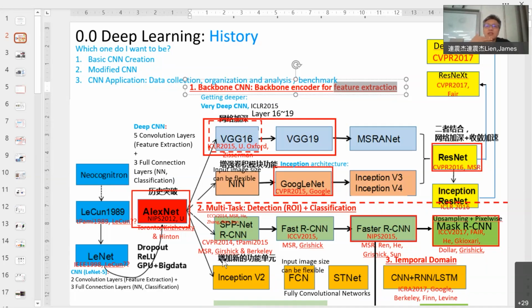One is foreground, the other background, or face and non-face, for example. And classification is multiple classes. It can classify into many classes. So the encoder is used for classification.